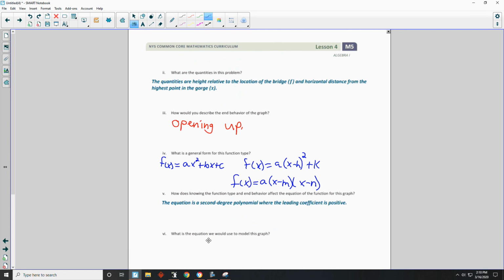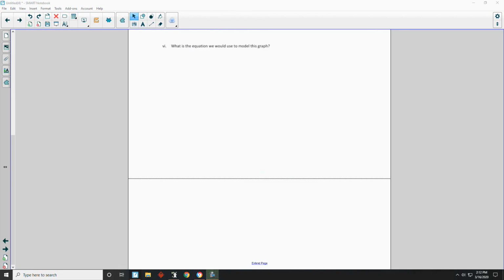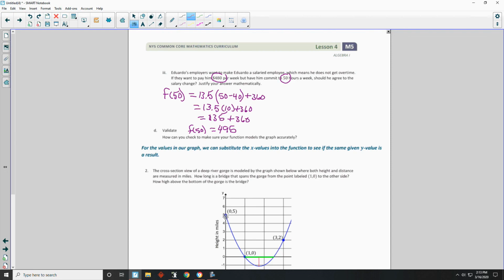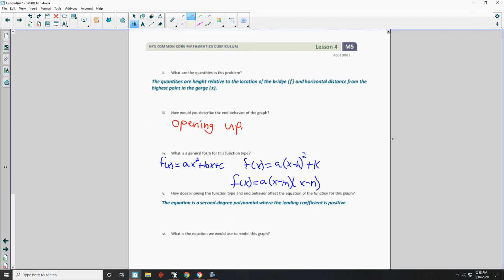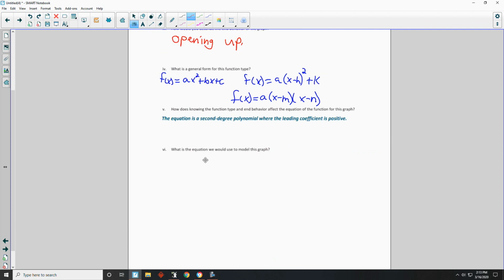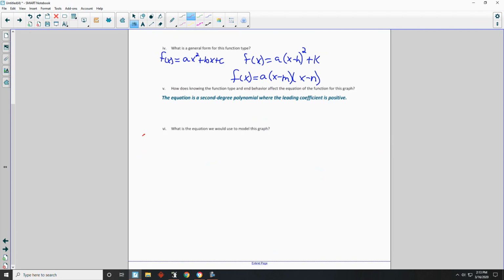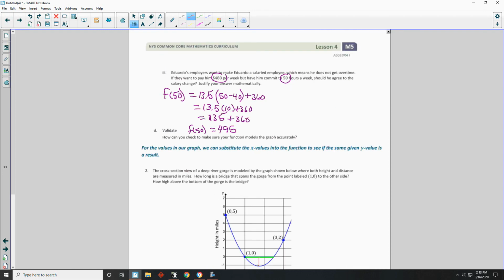Part 6, what is the equation we would use to model this graph? Okay, so we're going to use the 3 ordered pairs in the graph. So let me choose red. We were given the point (0, 5), we're given the point (1, 0), and we're given the point (3, 2).